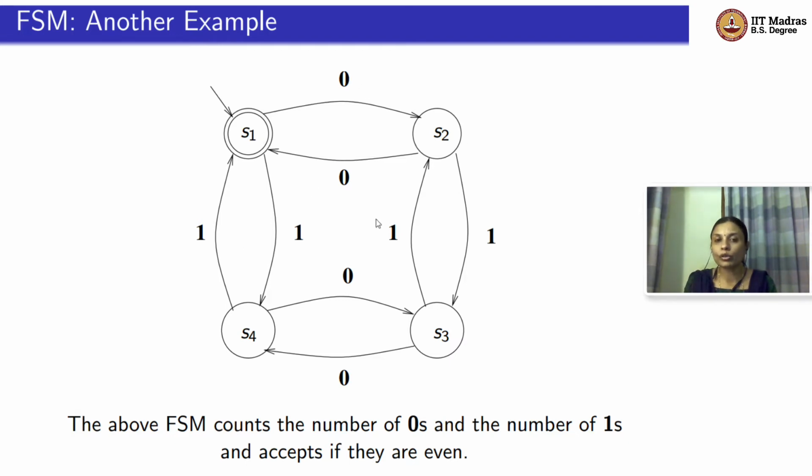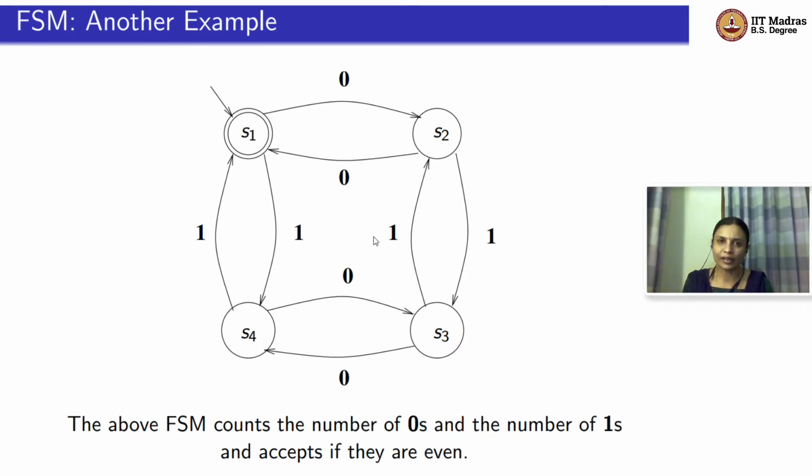So input to this finite state machine is usually a binary string, a string of zeros and ones. This finite state machine does the simple job of counting the number of zeros it sees in the string and counting the number of ones it sees in the string. And if the number of zeros and the number of ones both happen to be even numbers, then the finite state machine accepts its input binary string.